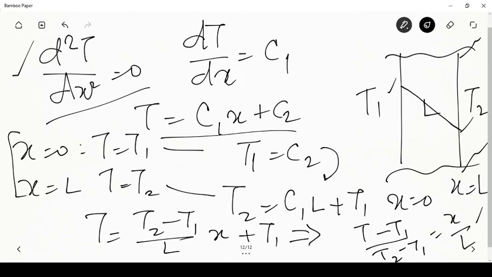So the steady state solution is not different for materials with different conductivities or different densities or different specific heats. That is one fact that you get.